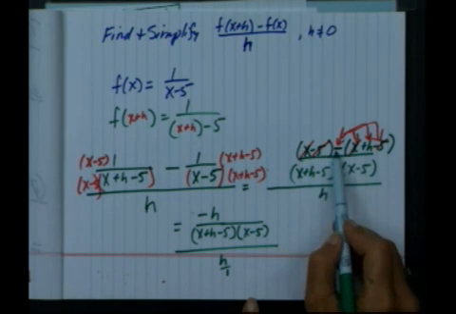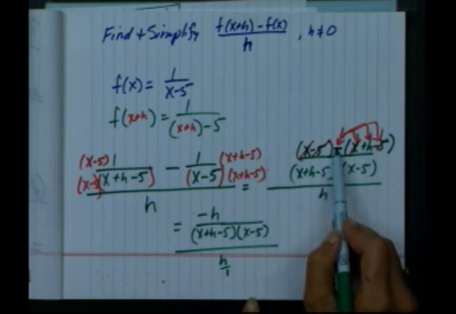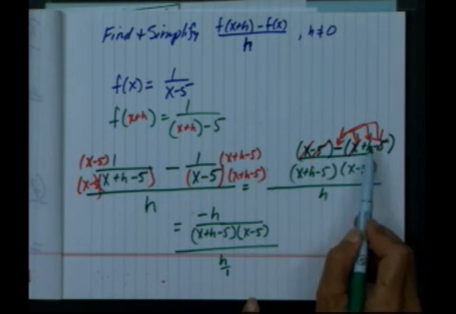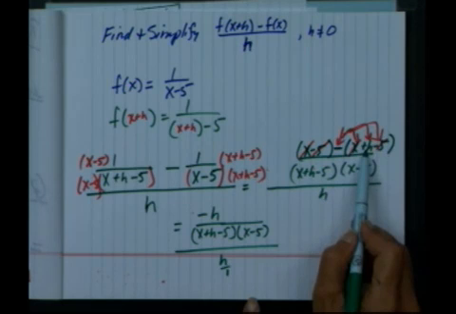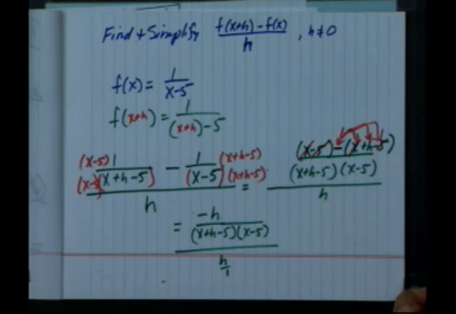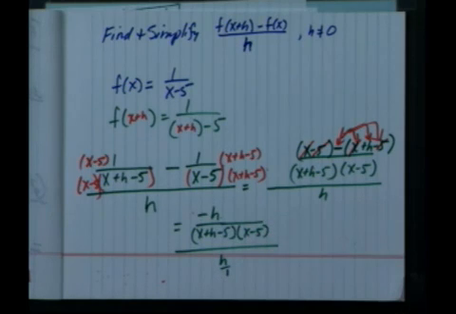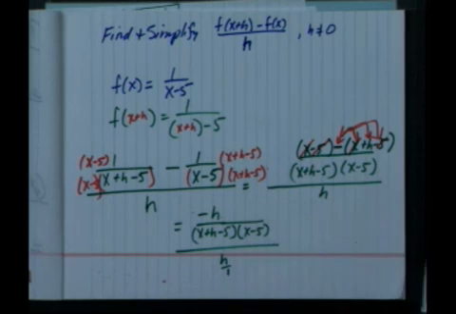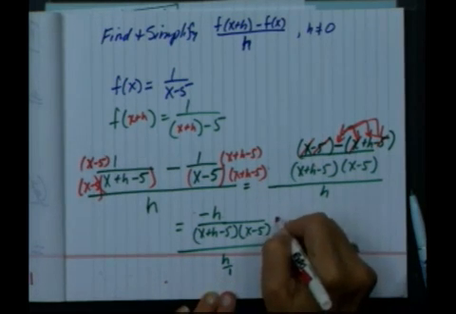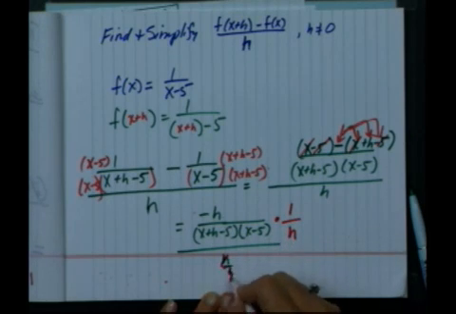And negative 5, and then you've got minus a negative 5, which is a positive 5. So negative 5 plus 5 is 0. And I'm left with a negative 1 times h, or negative h, in the numerator. Anybody else? Question? All right, so when we have a single fraction divided by a single fraction, you're just going to invert and multiply. So I'm going to invert that denominator, and now I have 1 over h.